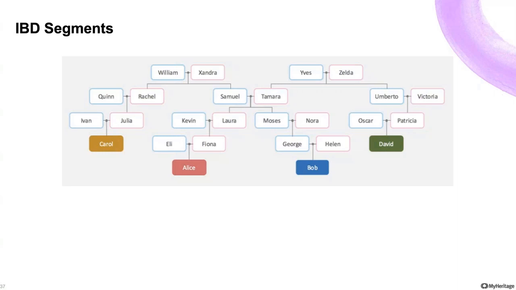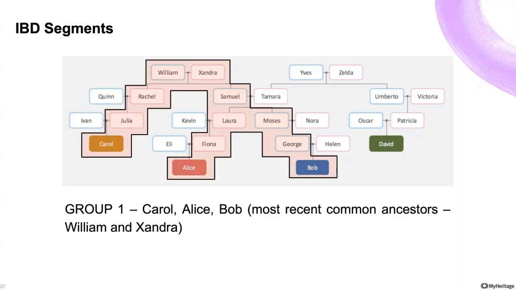One group that you might notice is the group of Carol, Alice, and Bob. They are all descendants of William and Zandra. So very good chances that William and Zandra have passed down DNA to Carol, Alice, and Bob. So Carol, Alice, and Bob will all be DNA matches of one another, and very good chances that they'll have the same segments in the same spot.